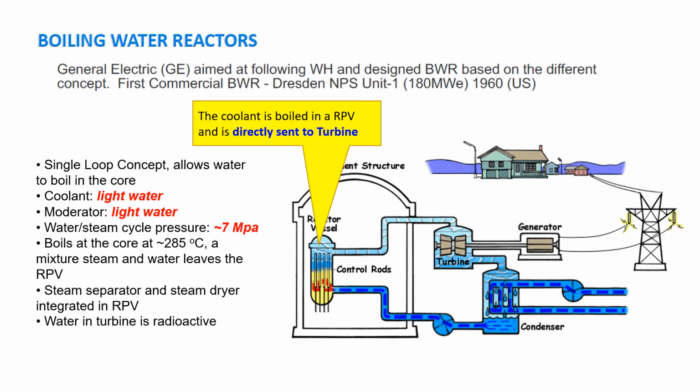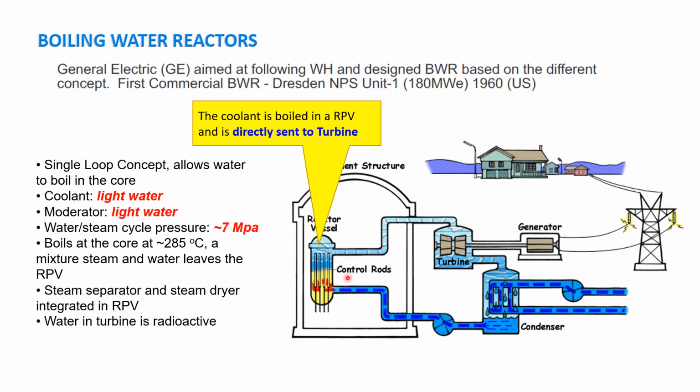General Electric, aiming at following Westinghouse, designed the BWR based on different concepts. First commercial BWR is Dresden Nuclear Power Station Unit 1 with 180 megawatts electric in 1960 in the US. So you just have a single loop which allows water to boil in the core.